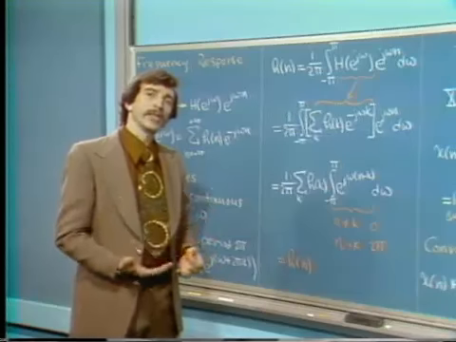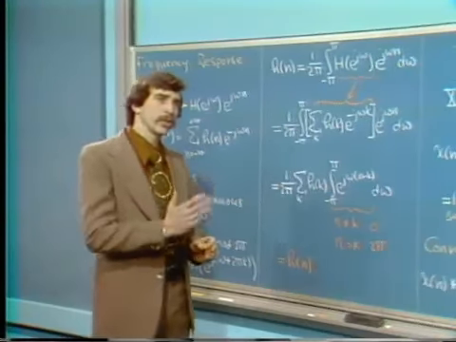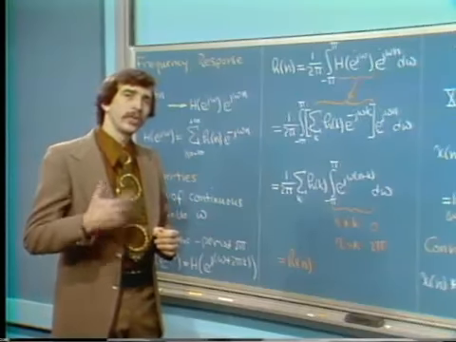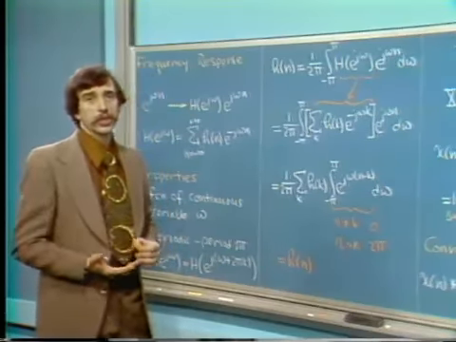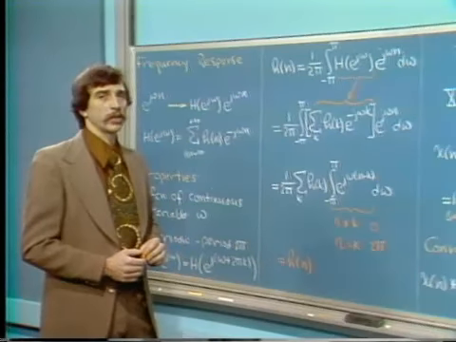It in fact permits the representation of an arbitrary, not quite arbitrary as we'll see in a while, but the representation of a more general class of sequences than just the ones that we explicitly identify as the unit sample response of a system.